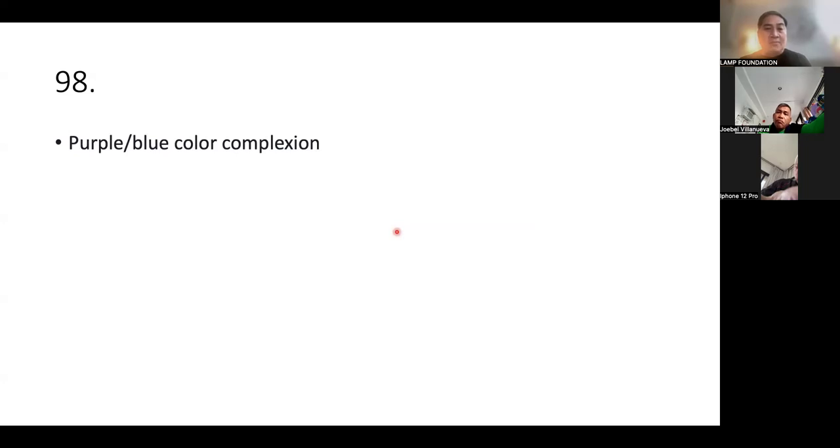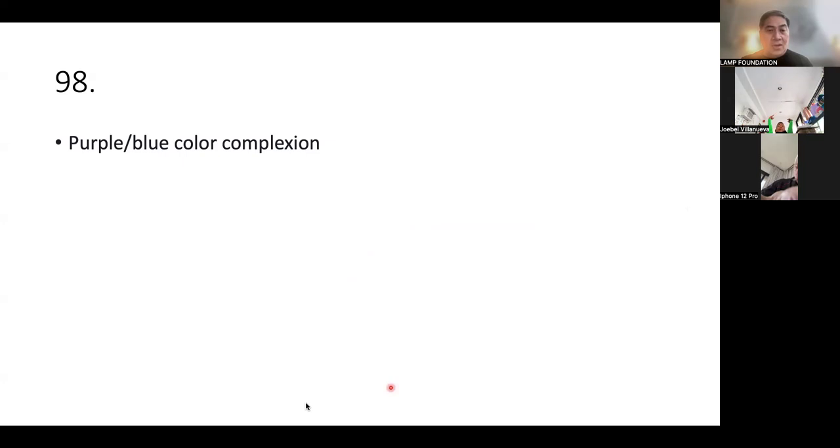What does a purple or blue complexion tell us? That there's blood stasis, qi stagnation or cold, obstructing circulation or poor blood flow.